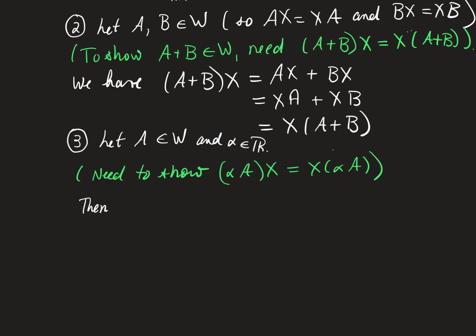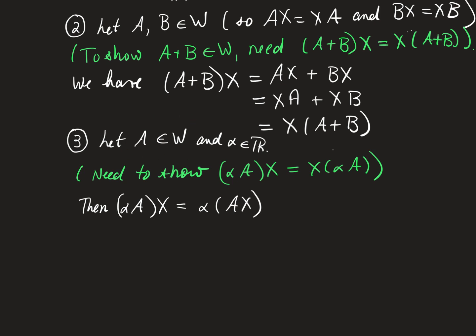So this is our proof in white. The green is just the part where we're thinking about what we have to do. So we have alpha A times X. Well, I know that matrices satisfy this property. And I know that A is in W because that was my assumption.